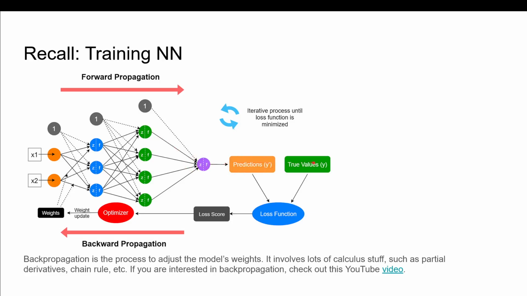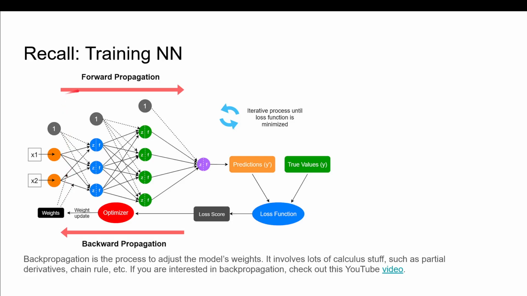After that, you have the true values, and you can compute the error using the loss function. You get a loss score, and then you go back and adjust the weights in the previous layer, and then go back again and adjust the weights in that layer, until you get to the first layer.